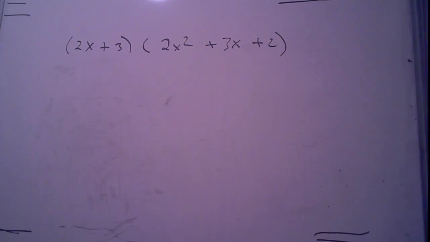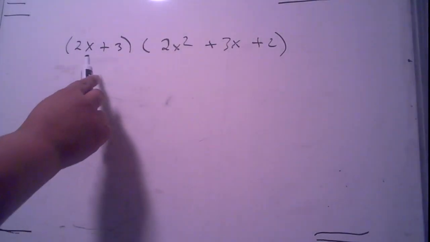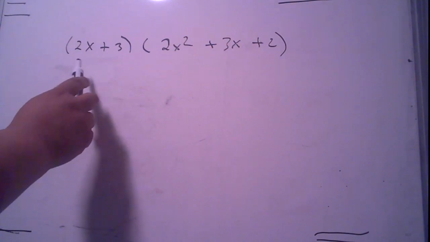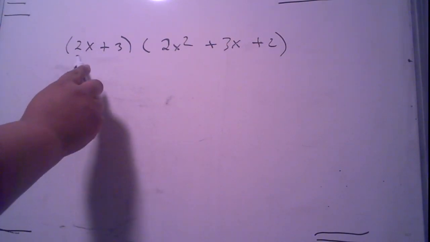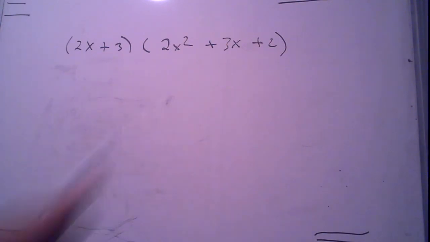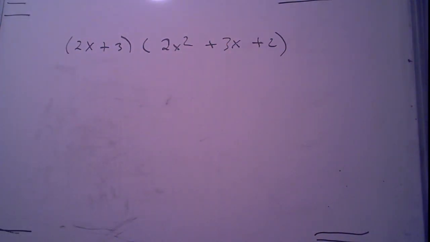In our last problem, we're going to expand this one. So here we have two polynomials, but in the first one we have two terms, and in the second parenthesis we have three terms. So this box method can be expanded to this type of problem as well, and it can be used for similar cases: 4 by 3, 3 by 2, 2 by 3.